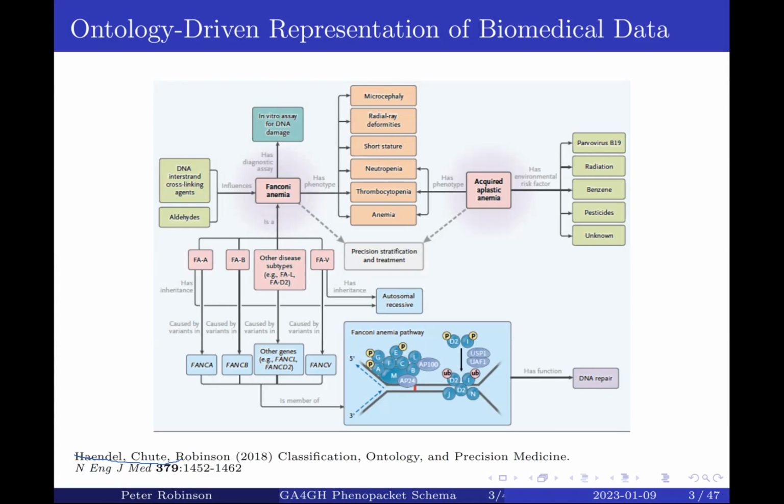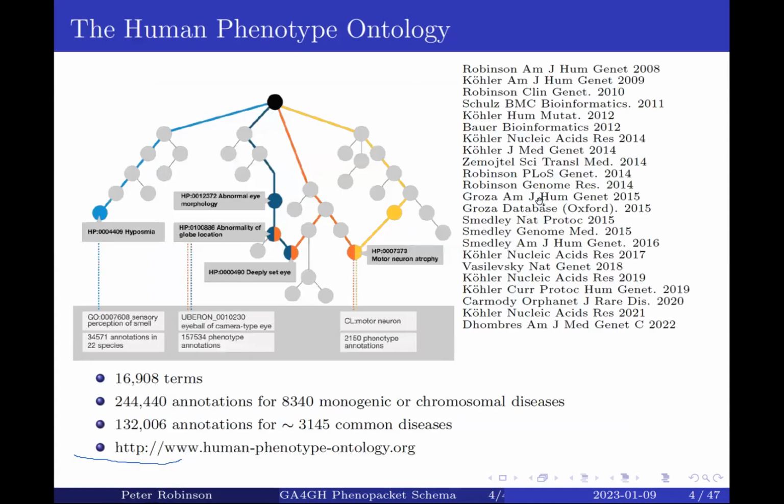And so let's see. This is the HPO. There are roughly 17,000 terms. Each term describes a specific phenotypic abnormality, a specific phenotypic feature. And there are a few things that distinguish HPO from other terminologies in use in medicine, such as SNOMED or many others.